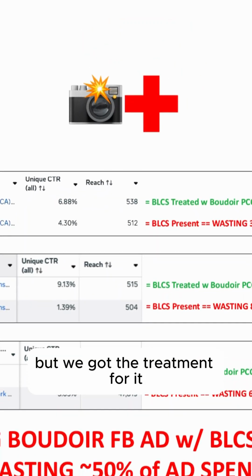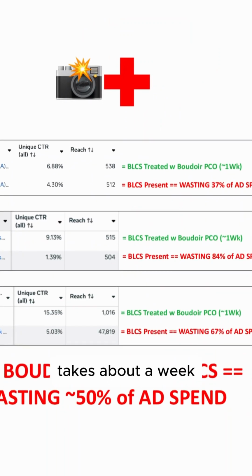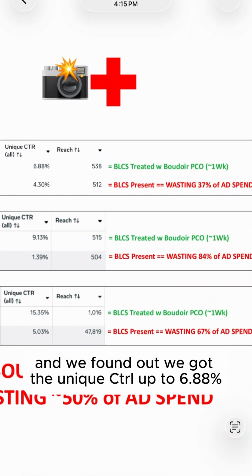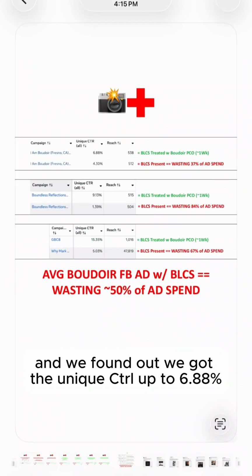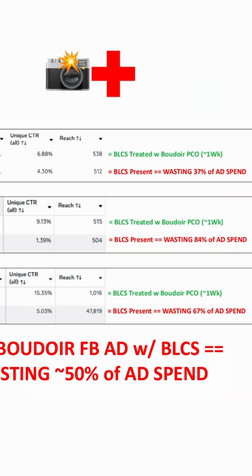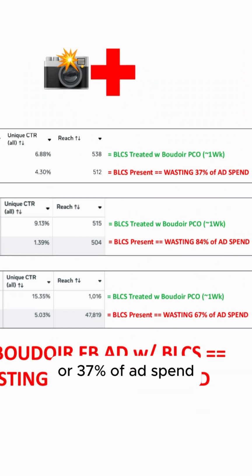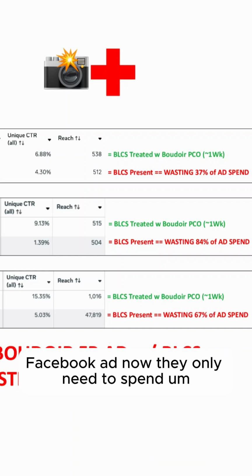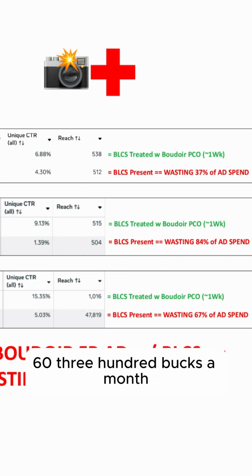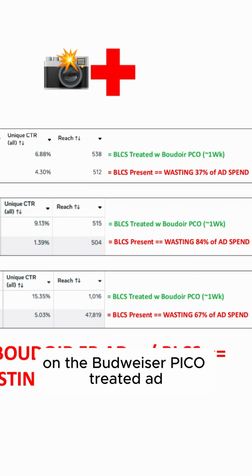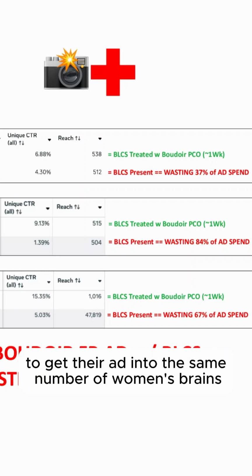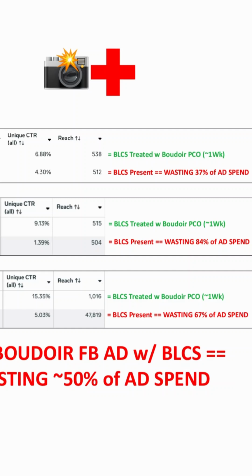But we got the treatment for it. We did treat it with Boudoir Pico, it takes about a week. And we got the unique CTR up to 6.88%. Now we found out that the original Boudoir Facebook ad was wasting 37% of ad spend. So if they're spending 10 grand a month on the original Boudoir Facebook ad, now they only need to spend 6,300 bucks a month on the Boudoir Pico treated ad to get their ad into the same number of women's brains.